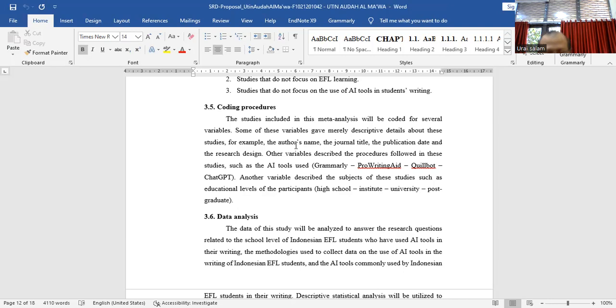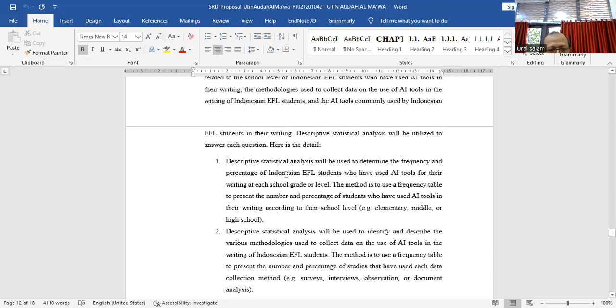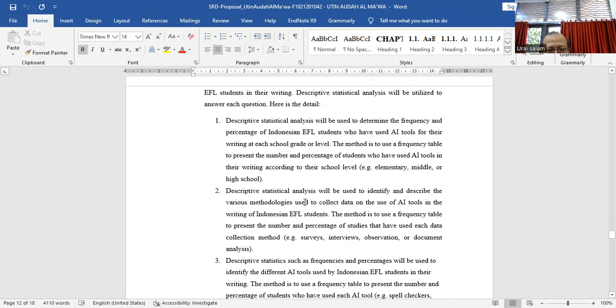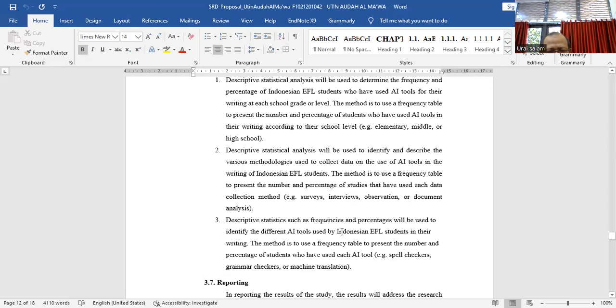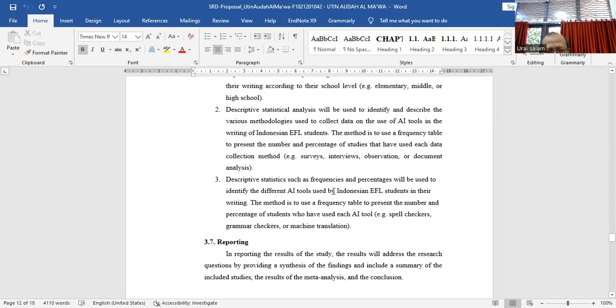Oke, untuk sementara data analisis, deskriptif statistik, describe various methodology, frekuensi ya. Descriptive statistics such as frequency and percentage will be used to identify. So, meaning that you only have descriptive analysis.